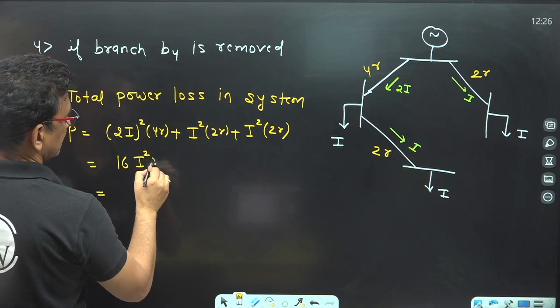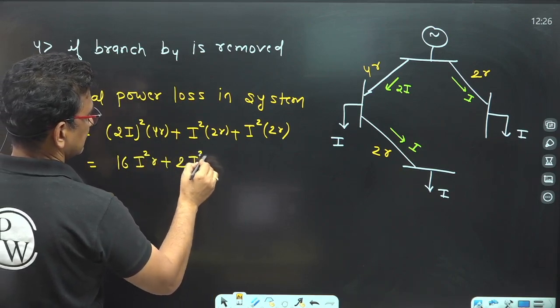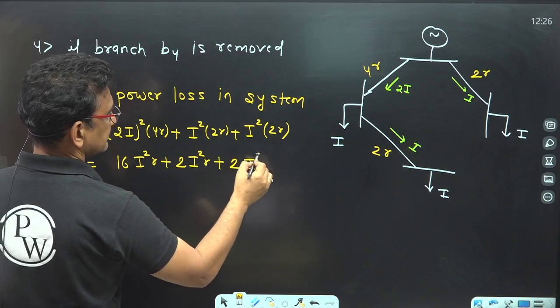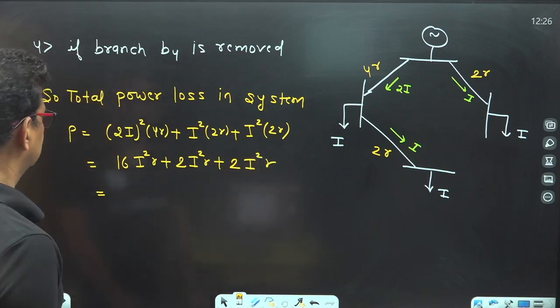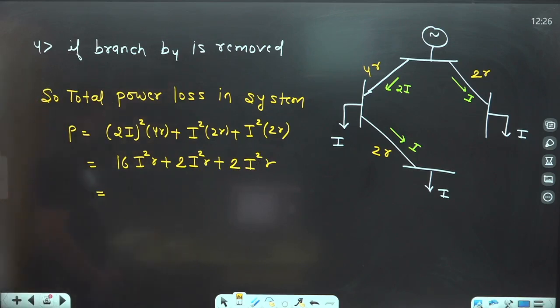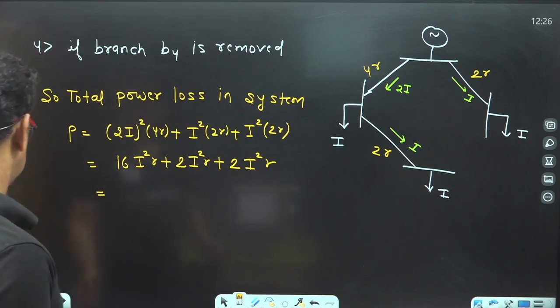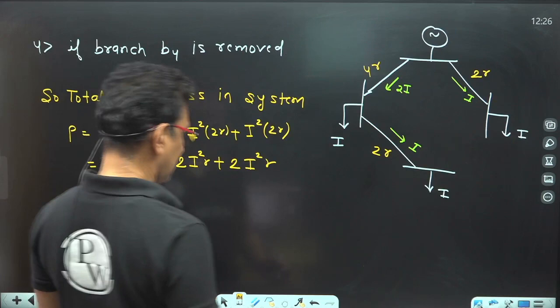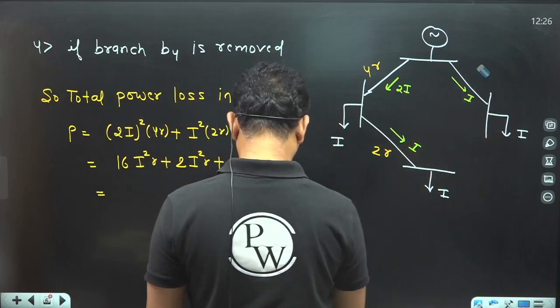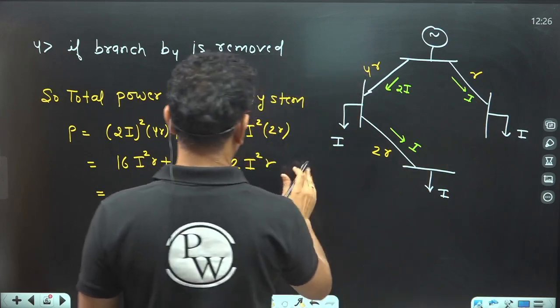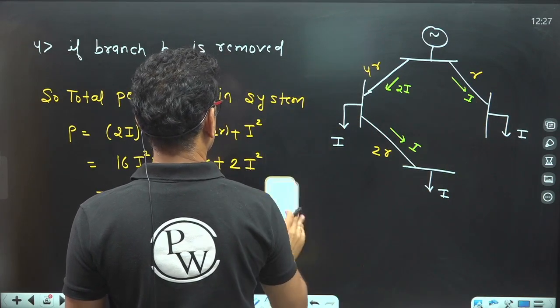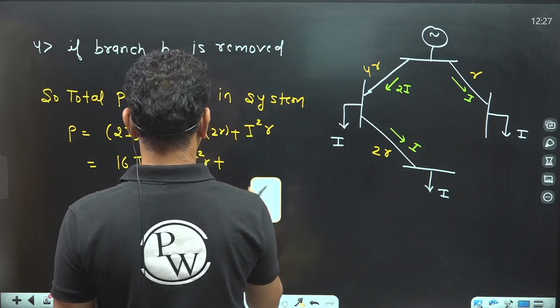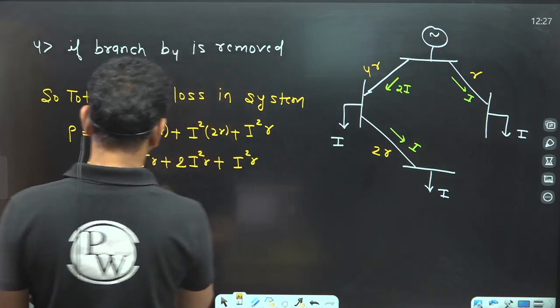That is 16I square R, plus 2I square R, plus 2I square R. So the total is 19I square R.